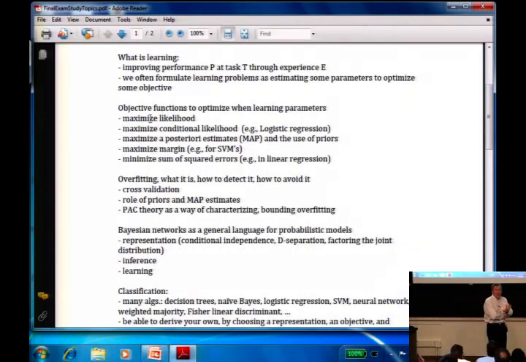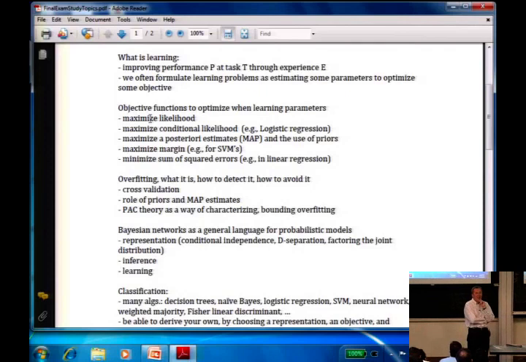We started talking about a whole bunch of different objective functions that we might optimize. And you should certainly recognize all these from the course. We talked about trying to learn some vector of parameters theta for something like logistic regression or naive Bayes or whatever it is that we're learning. What's the criterion by which we want to pick the values for those parameters?